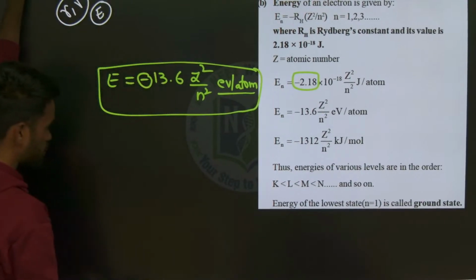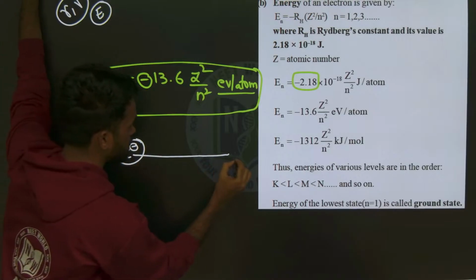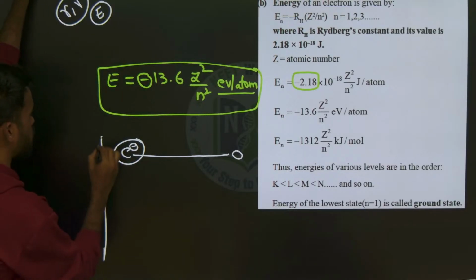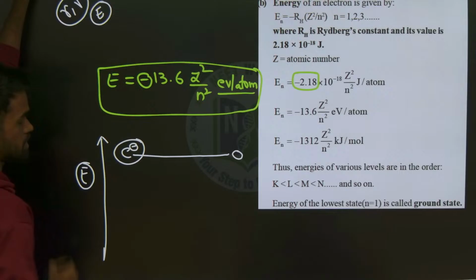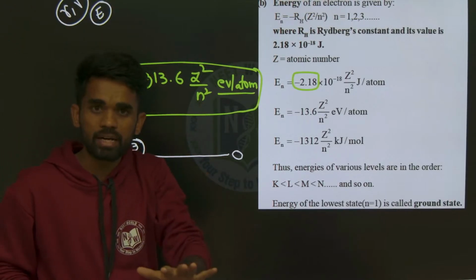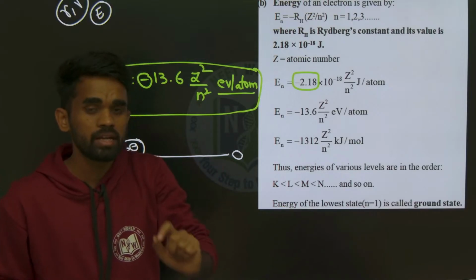For example, an independently existing electron is present here. So consider its energy is 0, the zero energy state, let us say. Now we know more energy means less stability. If a species is more stable, then its energy will be in a lower state.